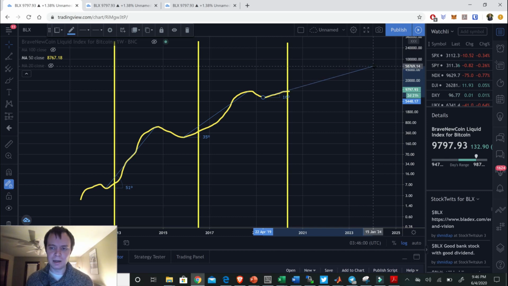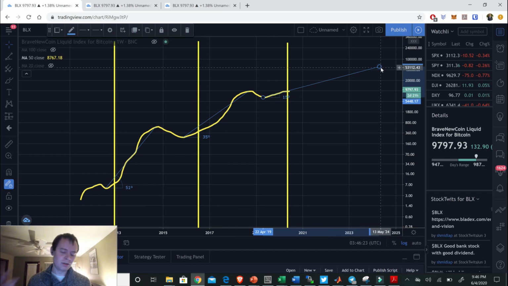So let's drop it down a little bit, because the 50-week moving average obviously won't get all the way to $100,000. But even if we were to do something like this, where the 50-week moving average goes to $50,000 by July or May of 2024, you can see that our angle is continuing to decrease in a trend that's consistent with what we've seen.